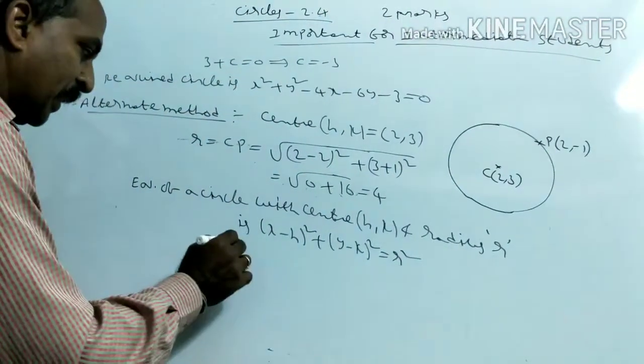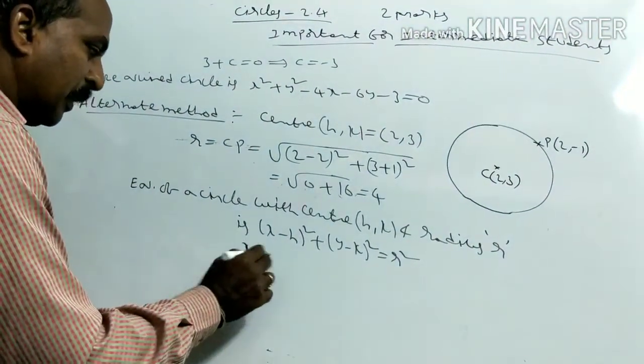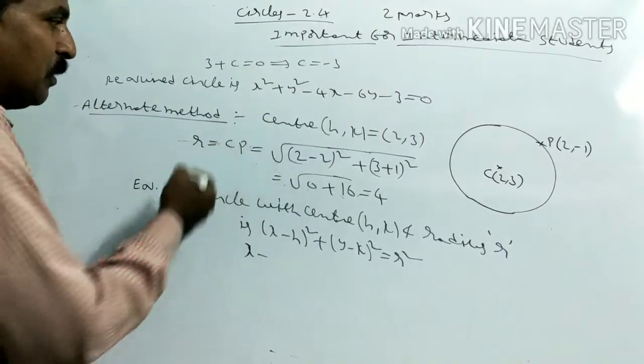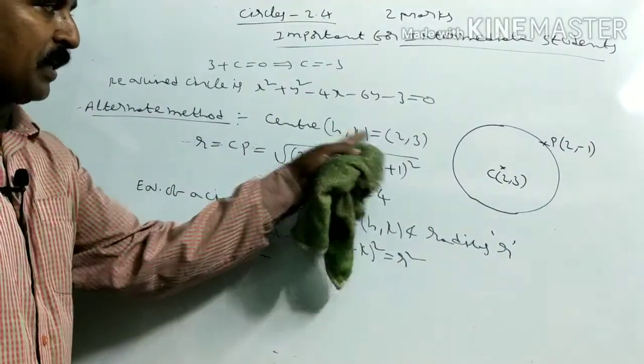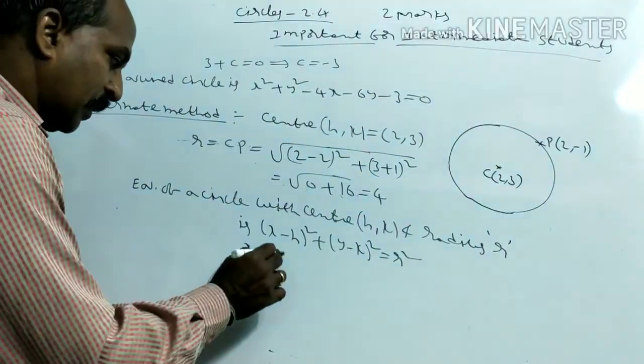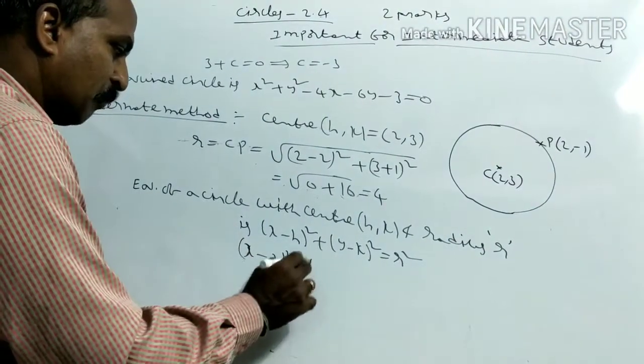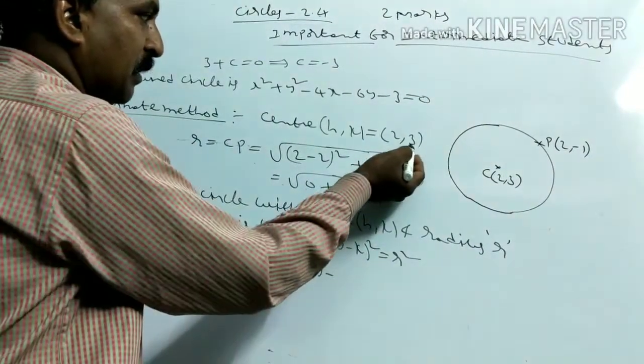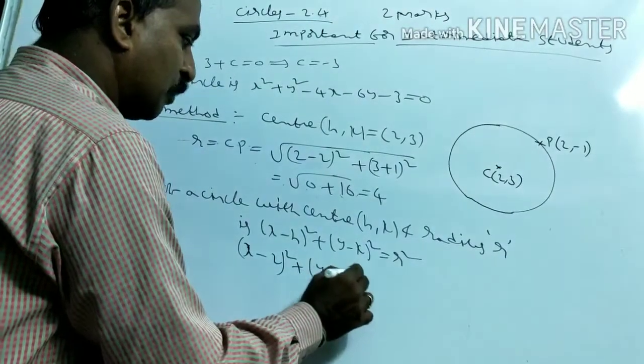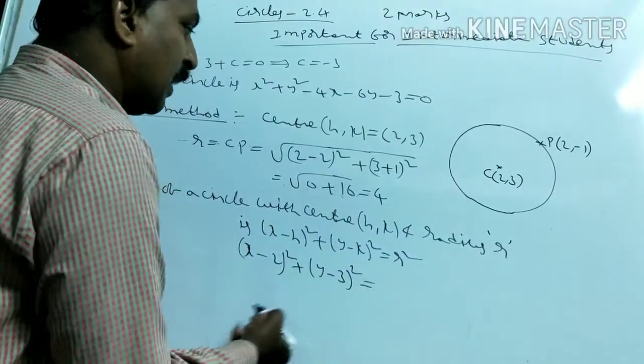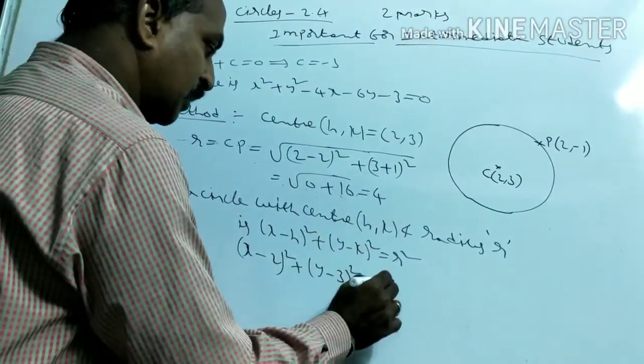Here h is 2, so (x minus 2) whole square, plus (y minus k), here k is 3, (y minus 3) whole square, equal to r square. Here r is 4, and 4 square is 16.